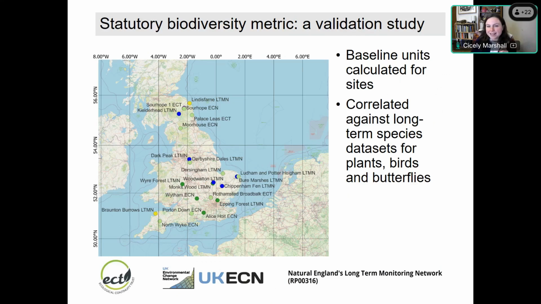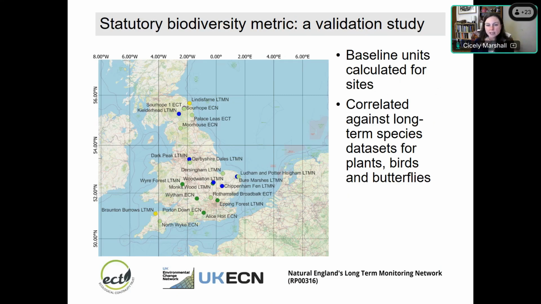For each site, we calculated biodiversity units for habitat parcels during field visits, and then we correlated those biodiversity units with the existing long-term plant, bird, and butterfly species data that were already held by those sites. So we could ask whether biodiversity units were capturing elements of biodiversity value that ecologists generally recognise as important.